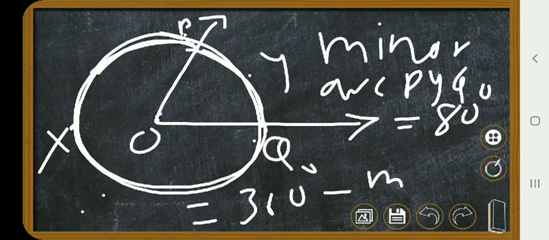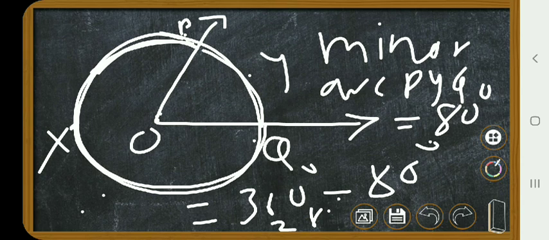So it's given as 80 degrees. So 360 minus 80, how much will it be? 280 degrees. Okay, 280 degrees. So this is how it is done.